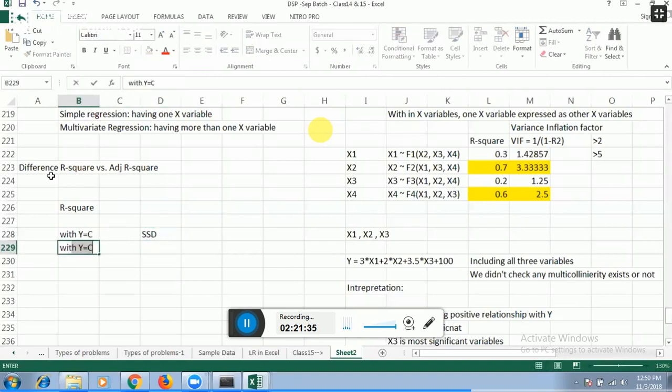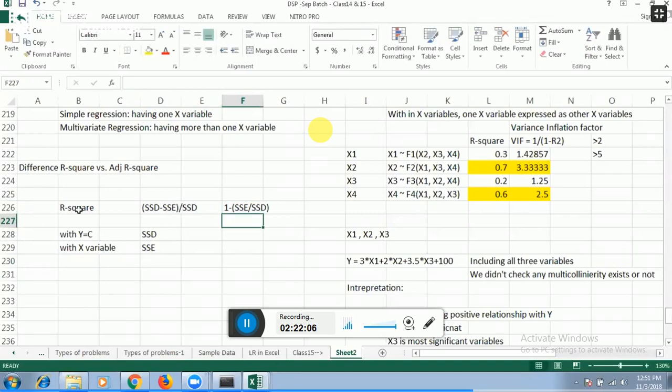And with x variables, what is your error? SSE. And your R square is nothing but SSD minus SSE divided by SSD. That is the same as 1 minus SSE by SSD. This is my R square, right?